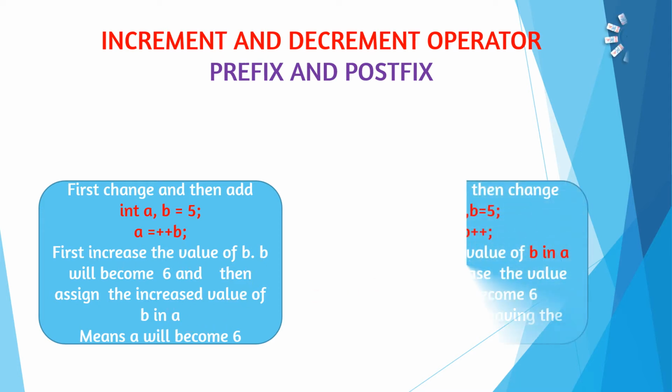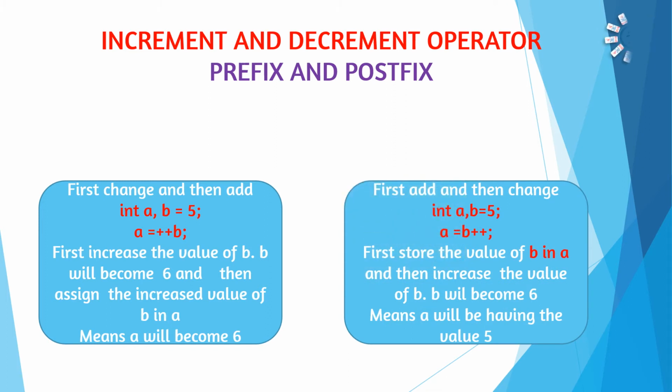And now postfix. Postfix means the operator will be after the operand. It can be b++. Here we take the same example, int a and b is equal to 5, a = b++. In this case, the original value of b is 5. First, the value will be stored, that means a will become 5.